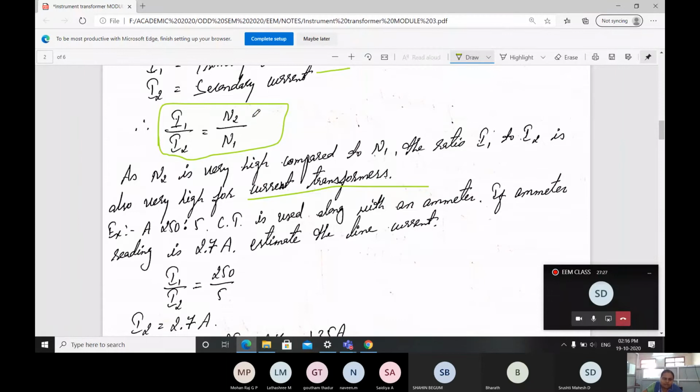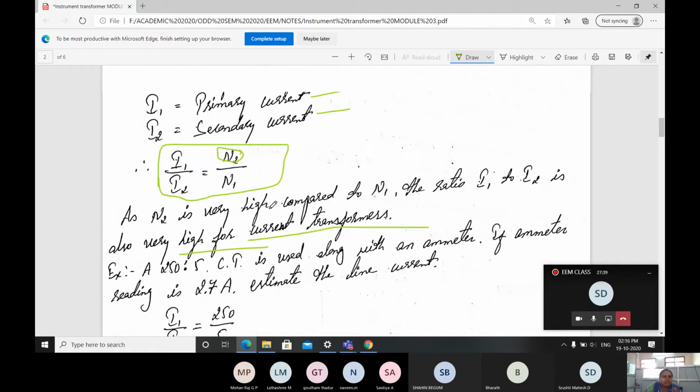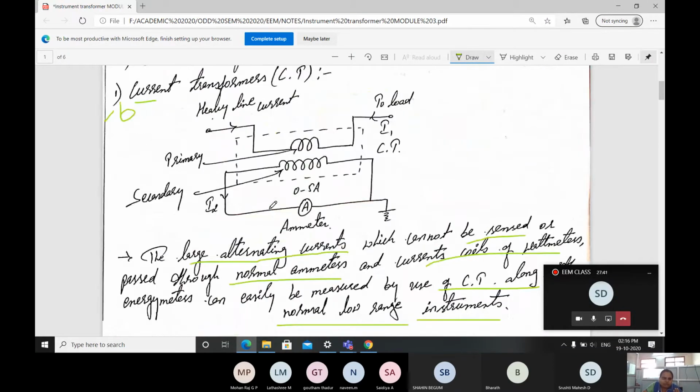Because N2 is heavy, the number of turns is more in the secondary, so the ratio I1 to I2 will be high. This is all about your current transformer.